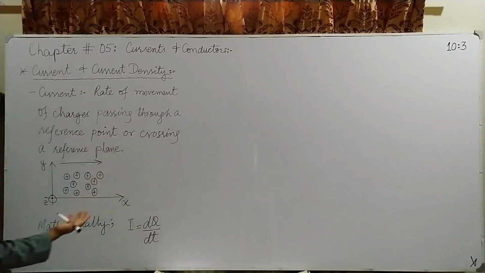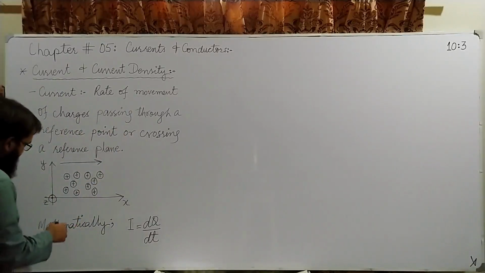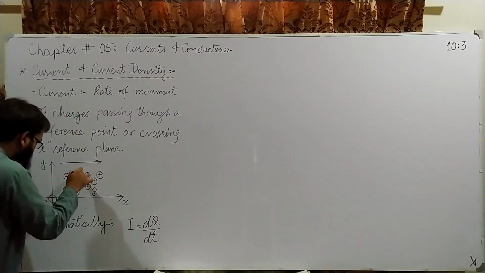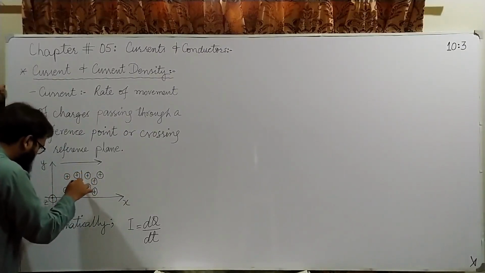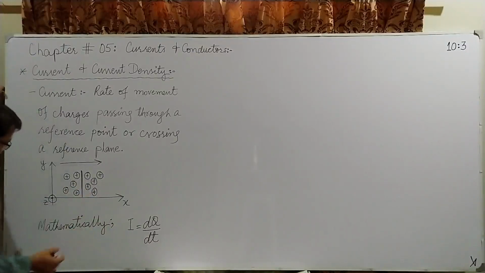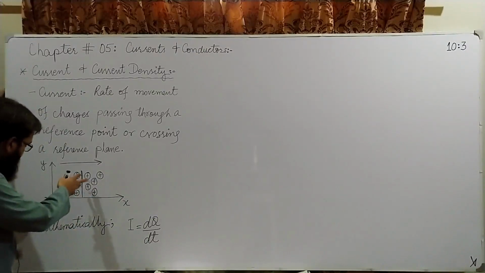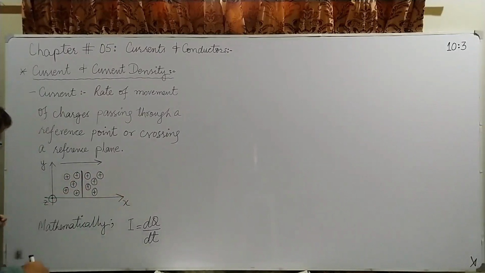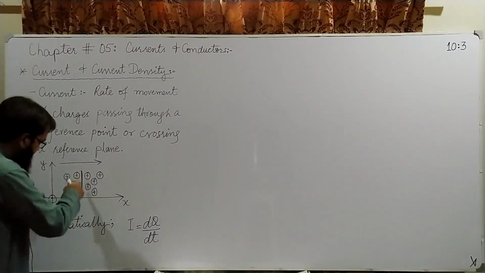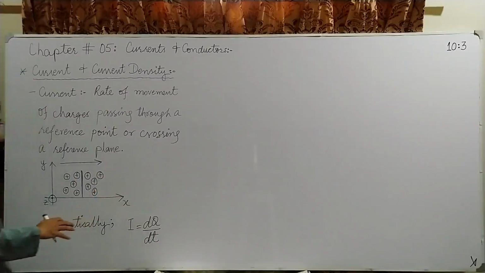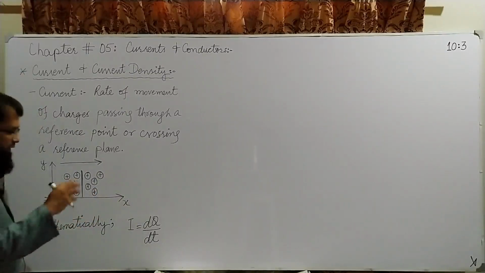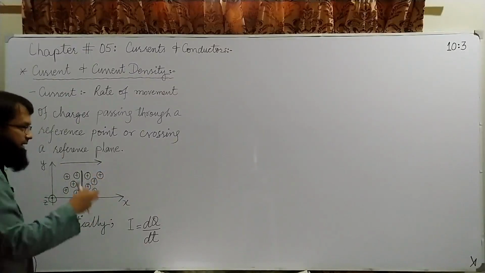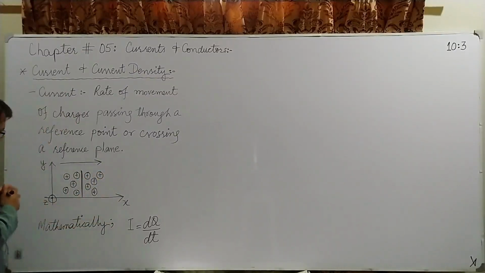According to this definition which we are all aware of, if I'm standing in the middle of this whole scenario, and I consider an x equals to constant plane, and I start noticing the amount of charge which is moving from left to right as shown by this arrow parallel to the x-axis, and I calculate that charge which is moving across this plane and divide it by the time of observation in seconds, that will give me the current.